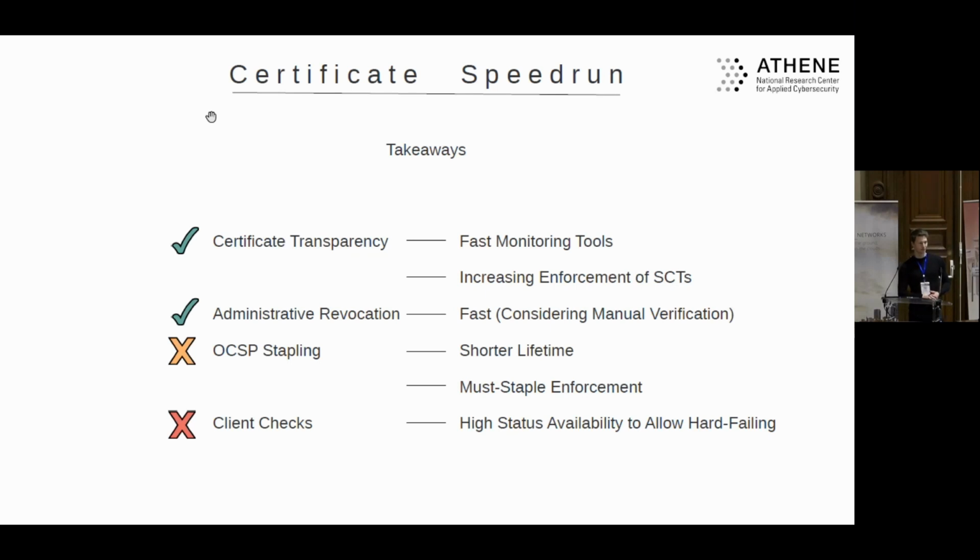But this gossiping protocol has a lot of issues associated with it. And so how do you see that moving forward? CT done right with all these complexities?